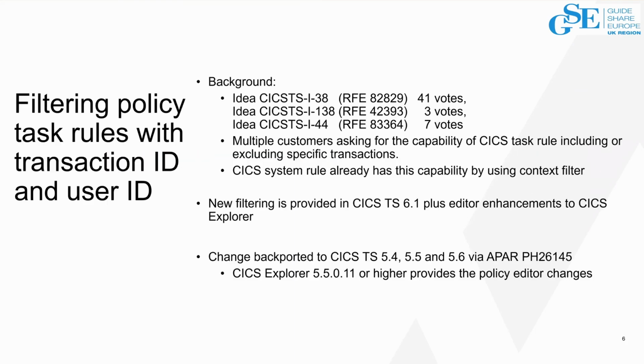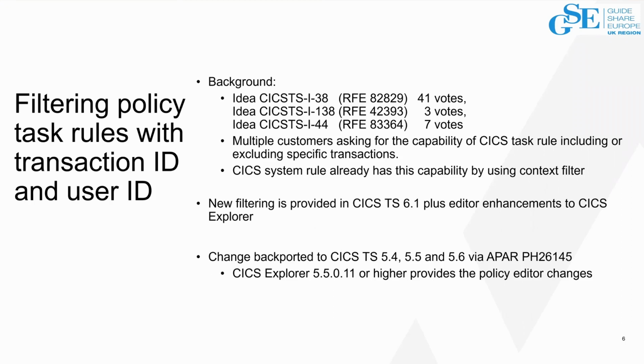We've done a lot of work in version 5 on policy, and even more in 6.1, and quite a lot of that was prioritized by customers who were members of the CICS Design Partnership, who perhaps came to one of our face-to-face CAF meetings in, I think it was 2019, where we prioritized some of this stuff. But one of the big hitters, if you like, that at the time had probably the most votes in terms of RFEs.